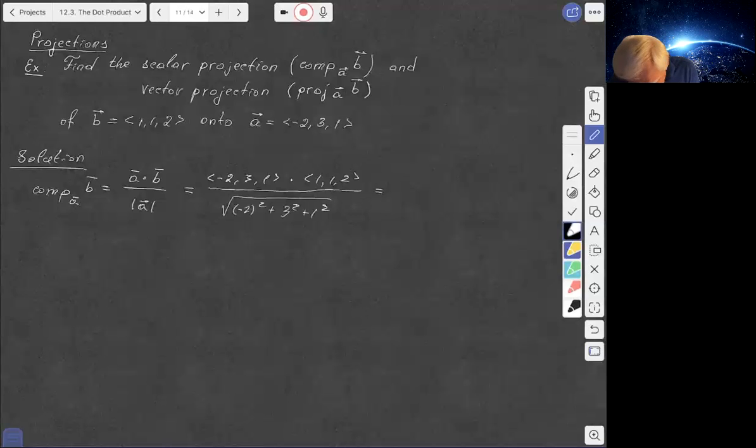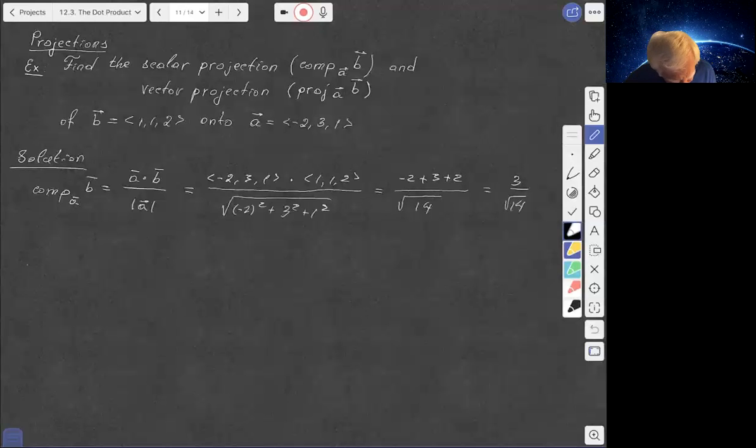If you do the calculations, that's going to be negative 2 plus 3 plus 2 over the square root of 14, which is just 3 over the square root of 14.